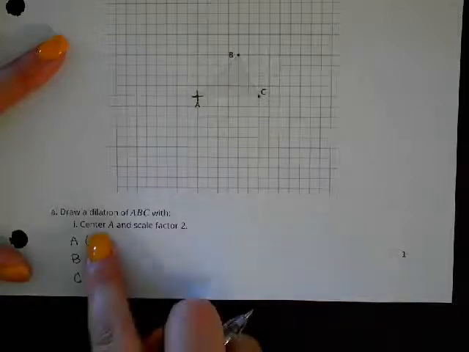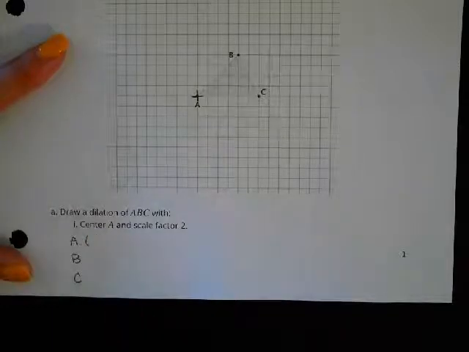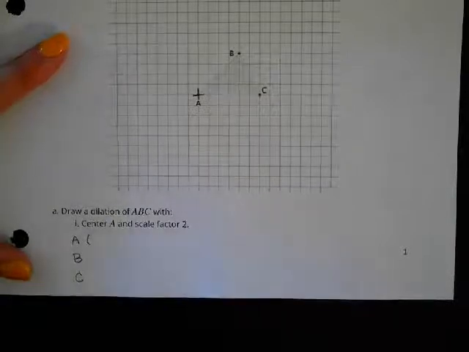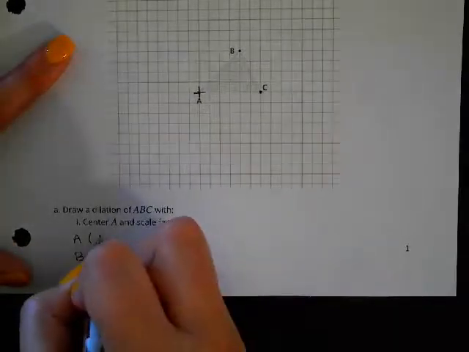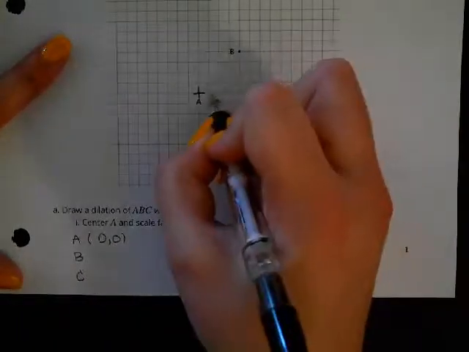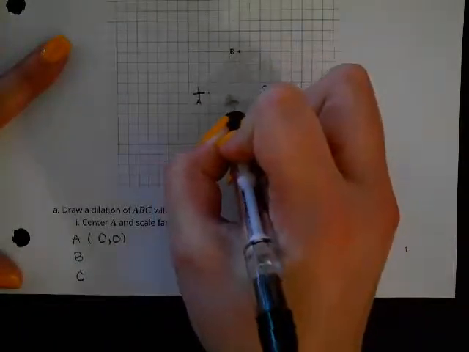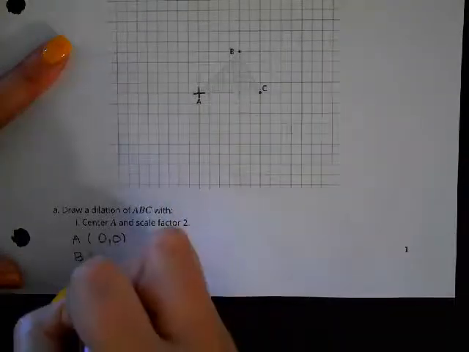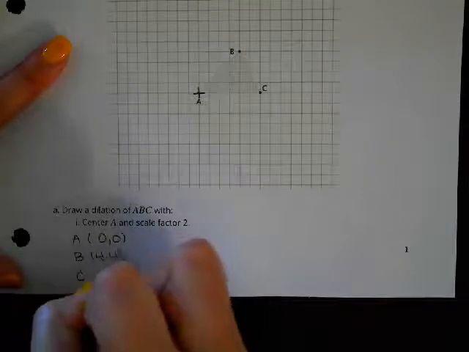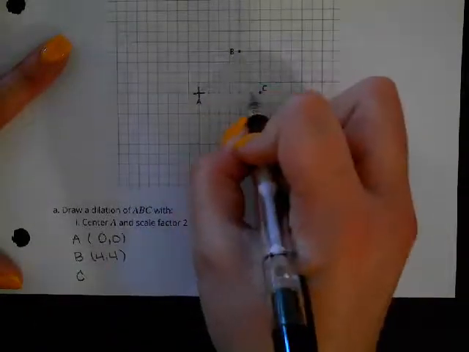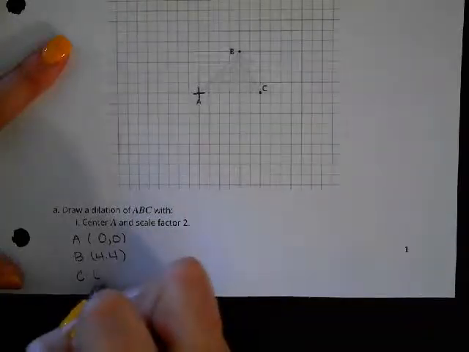So if A is 0, 0, that means that for this one, it's 1, 2, 3, 4. 1, 2, 3, 4. So B is 4, 4. And C is 1, 2, 3, 4, 5, 6, 0. Okay. So center of A and a scale factor of 2.